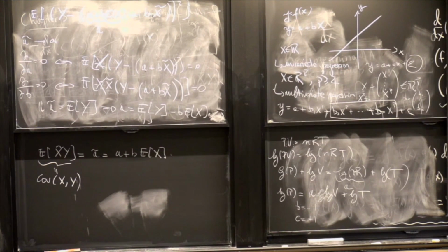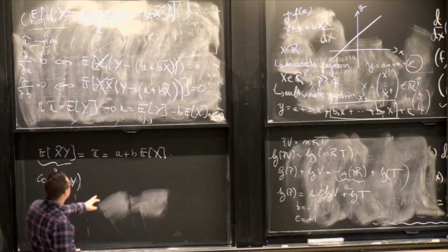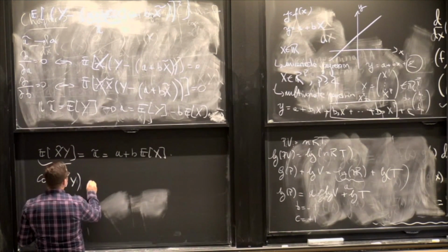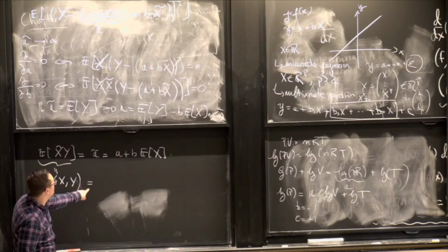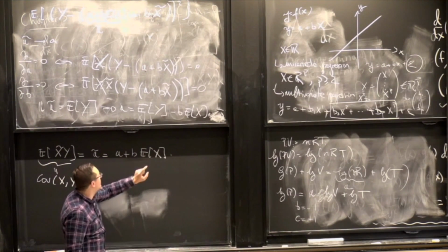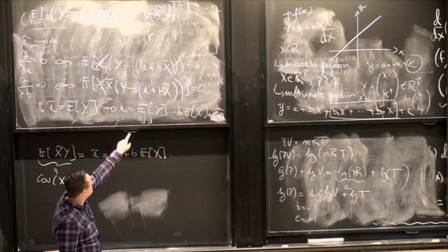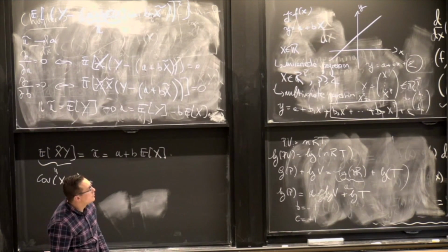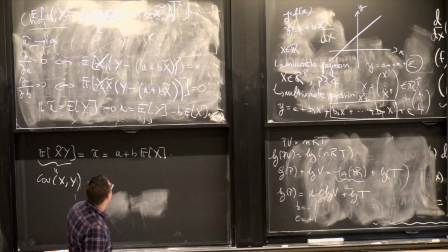And all I have to do is to basically plug it in. So the first equation tells me that the covariance of xy is equal to a plus b expectation of x, but a is expectation of y minus b expectation of x. Actually, maybe I should start with b.